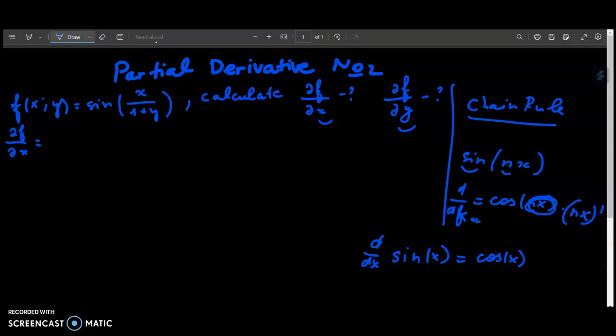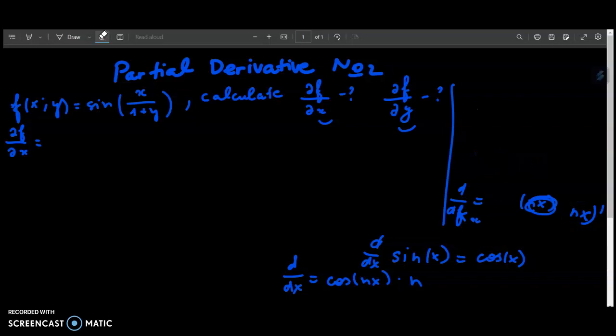So d over dx is going to be equal to cosine of nx multiplied by the derivative of nx, which, since n is just a constant, is n. This is the same logic I want to show, in order to make sure that you understand everything in detail. So let's get started and take our examples actually.